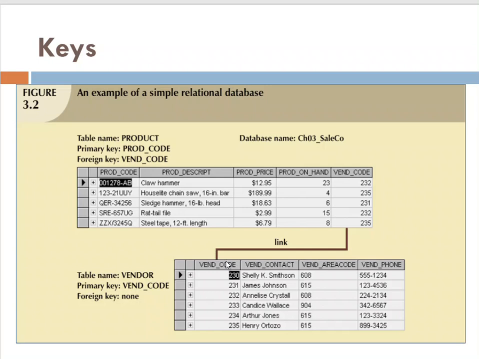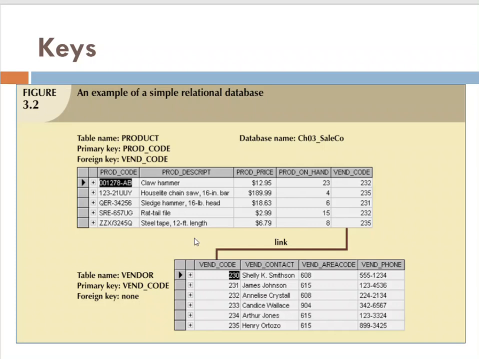Begitu juga dengan vendor code. All values under vendor code are unique, tidak ada yang sama dan juga tidak ada null value. Jadi kita dapat tengok entity integrity bagi kedua-dua table product dan table vendor, sebab tidak ada null value dan tidak ada primary key yang sama.